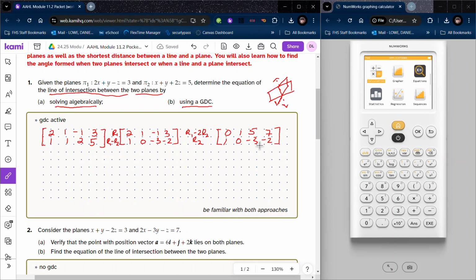And so what this tells me now is I have a relationship between my x, y, and z values. That I have x is going to be equal to negative 2 plus 3z, looking at this second row where I have essentially my x, my y, my z, and my constant. And then from the first row, I have that y is going to be equal to 7 minus 5z.